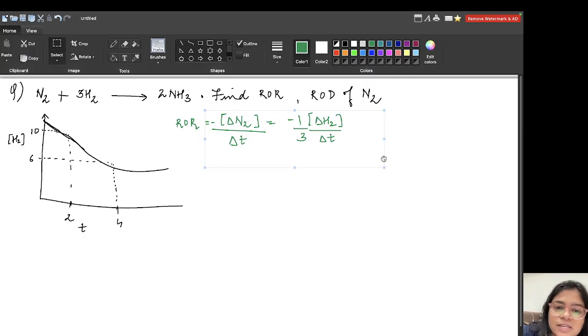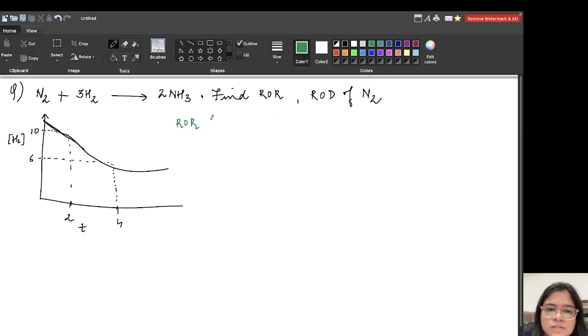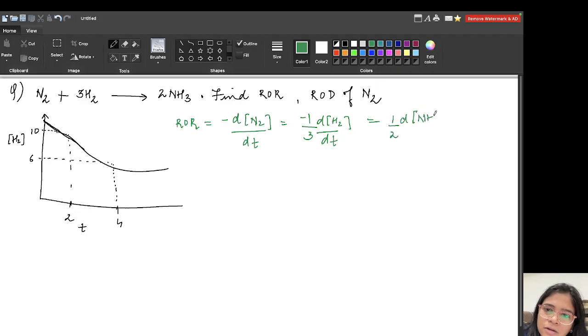Because you are finding instant rate. So instead of delta, we just need to write minus dN2 by dt, which will be equal to minus 1 by 3 dH2 by dt, and this will be equal to plus 1 by 2 dNH3 by dt.